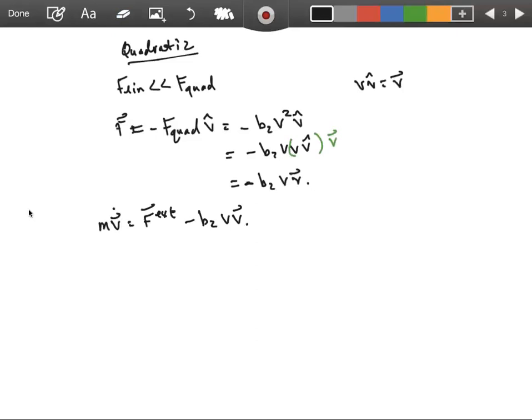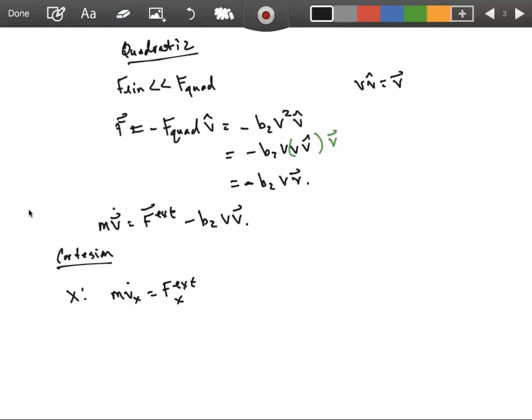Hopefully you can see that this is already starting to not look very nice, in the fact that now we have a v magnitude in there, which means that when I work in Cartesian coordinates again, if I look at the x component, m vx dot is equal to the x component of the net force or the external forces, which is very nice.